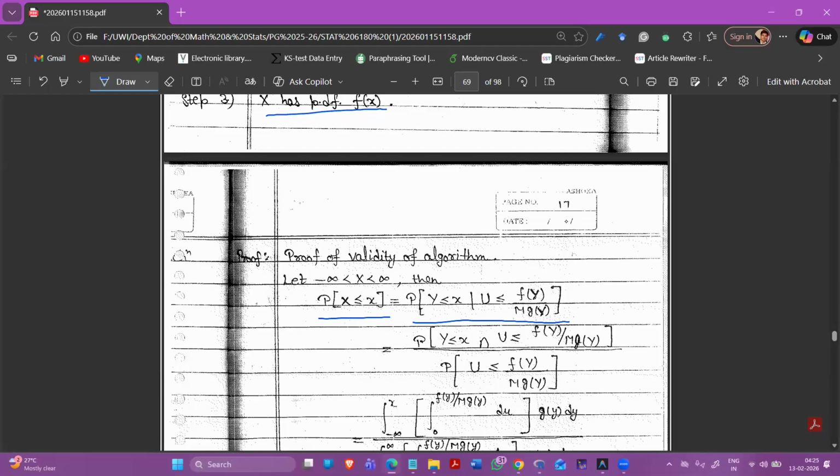So that will be the probability of y less than or equal to x, intersection u less than or equal to f(y) divided by M g(y), divided by the probability that u is less than or equal to f(y) divided by M g(y).